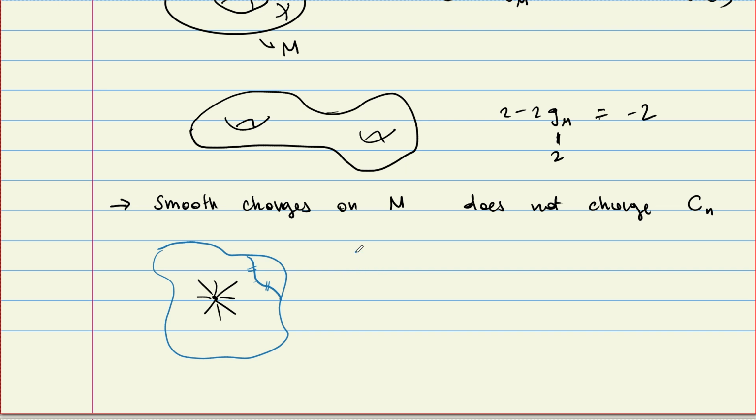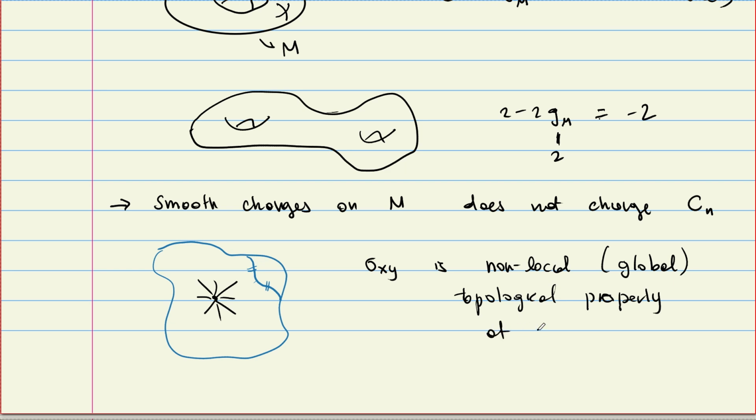answer. So therefore, we are saying that this sigma xy is non-local. It is like a global, or sometimes topological, property of Bloch bands.